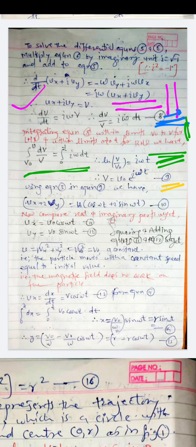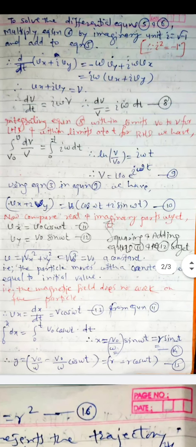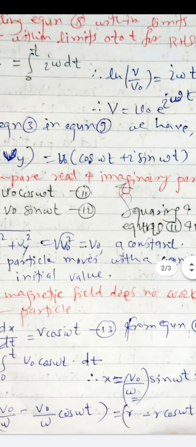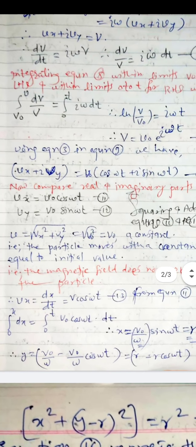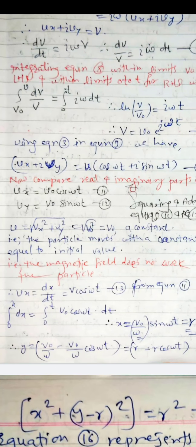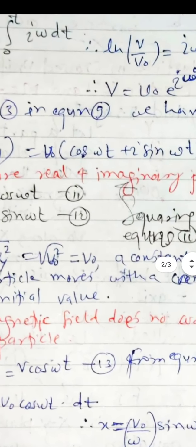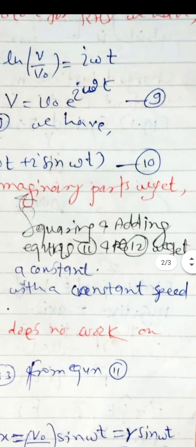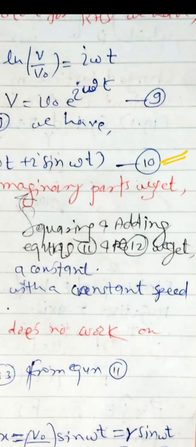The combination of equations 3 and 9 takes the form vx plus i vy equal to v0 into (cos omega t plus i sin omega t). It is equation number 10.